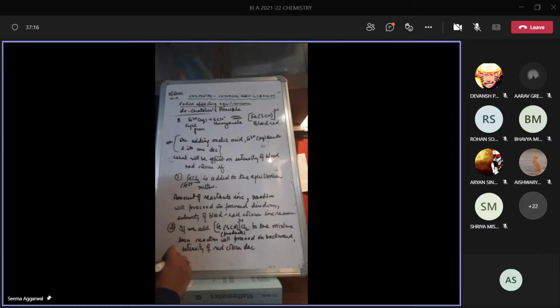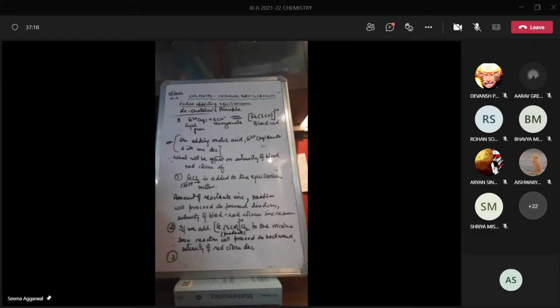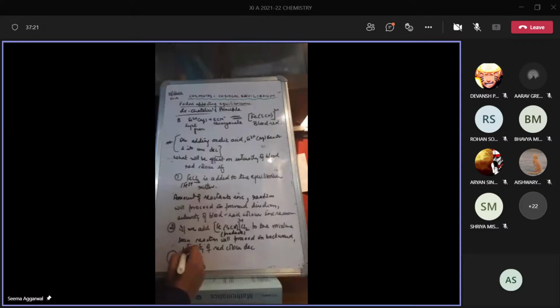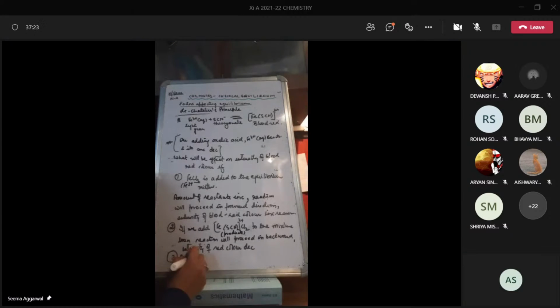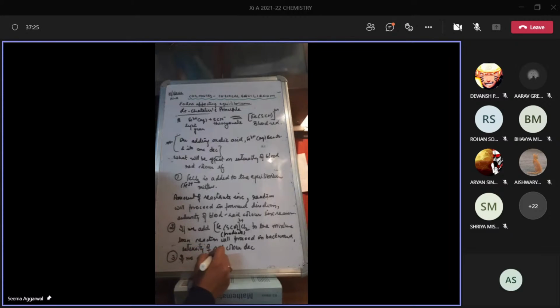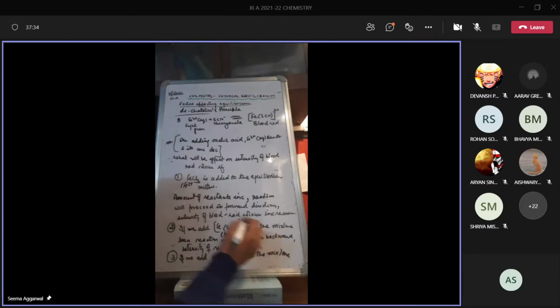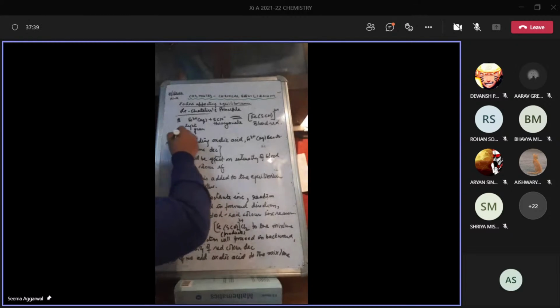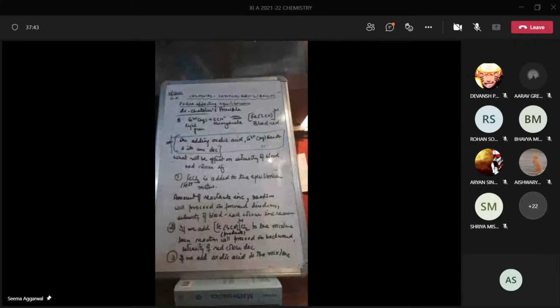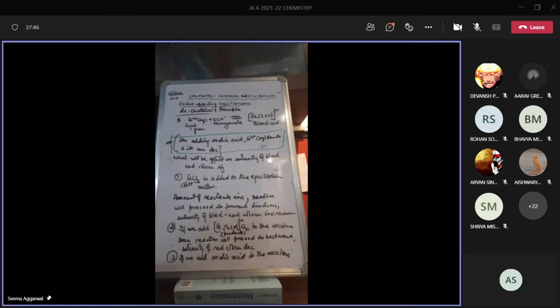Okay. Now third part. If we add oxalic acid, this I gave you purposely. If we add oxalic acid to the mixture. Now, one of the important tips I have told you, because you have not studied it earlier, is that on adding oxalic acid, the amount of ferric ions decreases. So what happens?